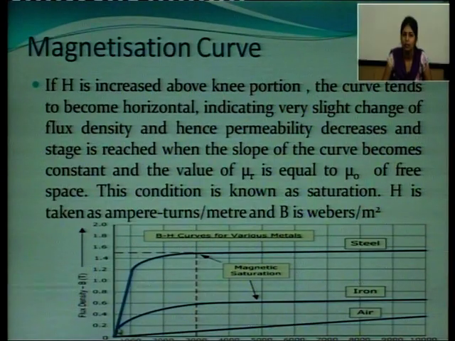There is a rapid increase in B with the increase in H. After this knee point, as we increase H, the curve becomes horizontal, meaning there is a slight change in B with increase in H, and after some time the value becomes almost constant, that is, the relative permeability becomes equal to the permeability of free space. So this condition is known as saturation.